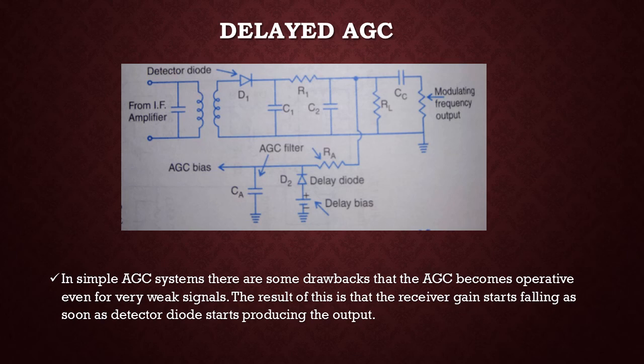As the input carrier voltage increases, the AGC bias produced due to rectification of carrier voltage in diode D1 increases. Also, when this bias magnitude exceeds the magnitude of the positive cathode voltage of D2, then D2 stops conducting and the AGC system works normally.